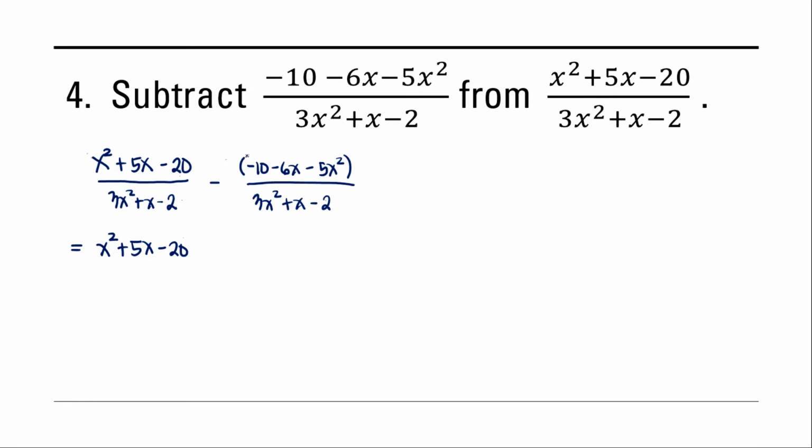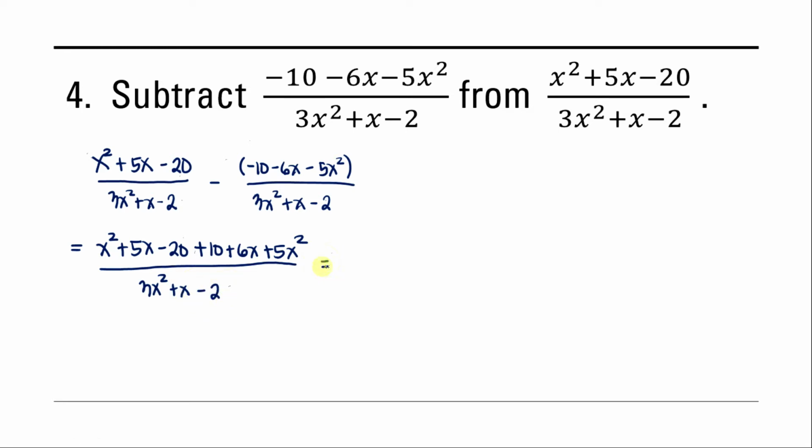This subtraction sign here will cause the change on the sign doon sa ating numerator ng pangalawang fraction. So that will become plus 10 plus 6x plus 5x squared all over 3x squared plus x minus 2.